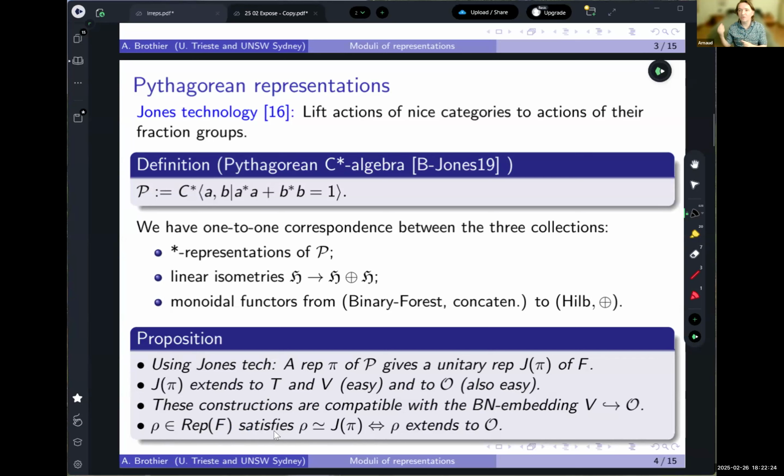Okay. So when you take a representation of F, you get in particular a representation of a subgroup of the unitary group of the Cuntz algebra, and it could extend or not. Well, those that extend are exactly the ones I just showed you.